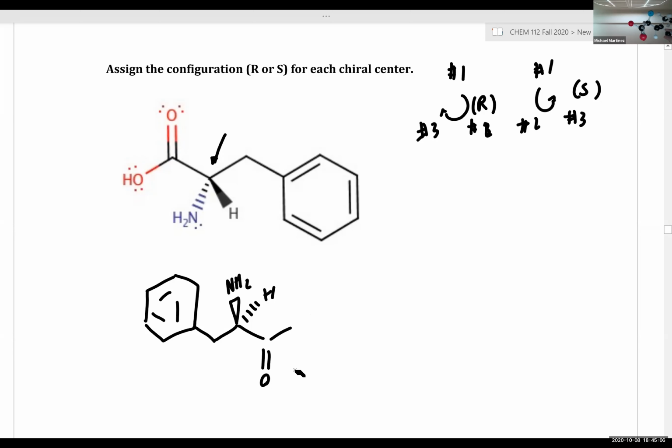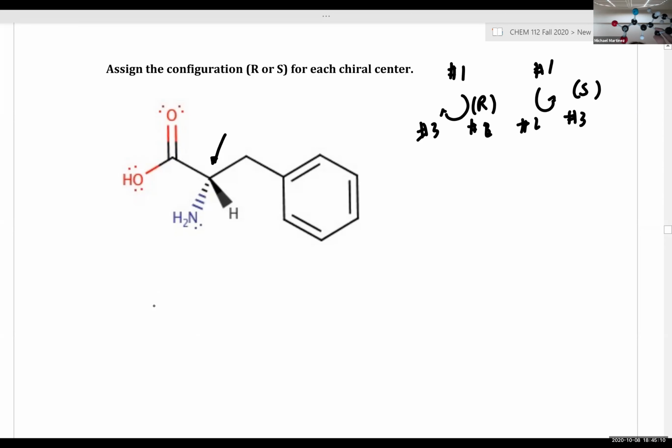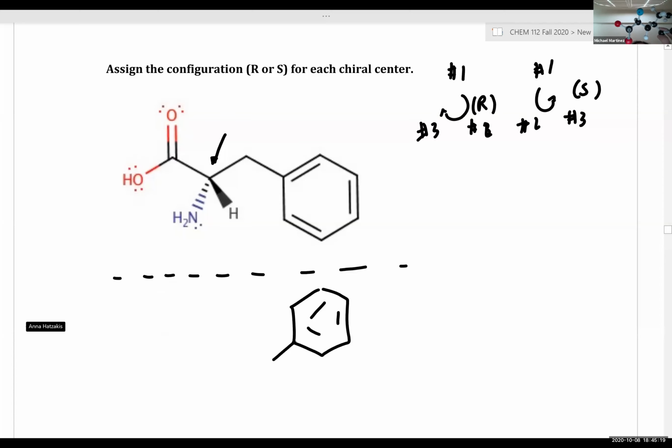oh, whoops, sorry. I'm so used to mirror images. So drawing what I see, I have my aromatic ring here. I've essentially flipped it along the vertical axis, but you can pick any axis you want for inversion.